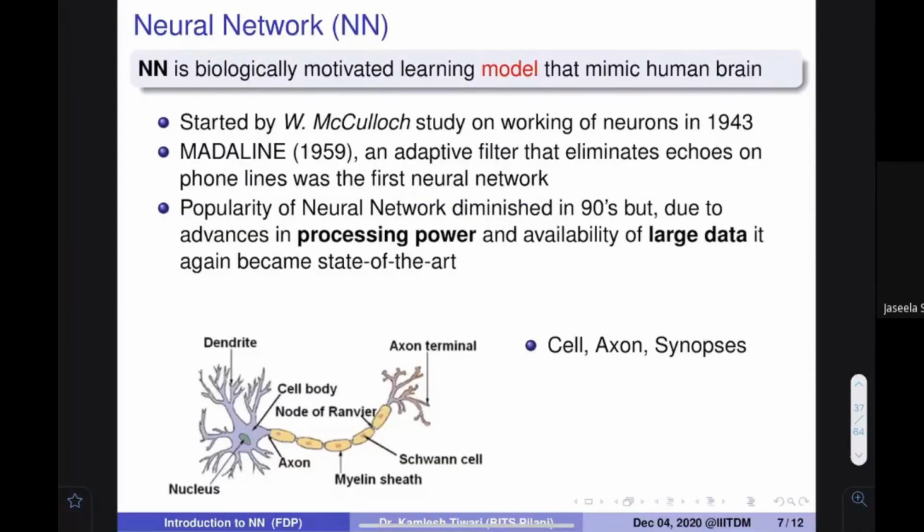There are synapses, meaning there are connections where dendrites are inputs and the axon is the output, but the output of one thing is connected to the input of another thing, and when they are connected, that portion is called the synapse. And when one item wants to send some information to another, it sends some molecules from here to here. So there are some molecules that are actually connected.